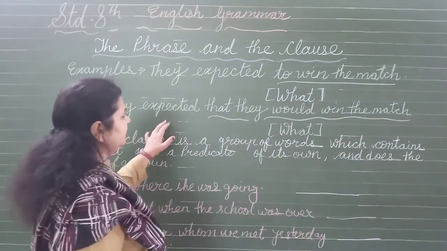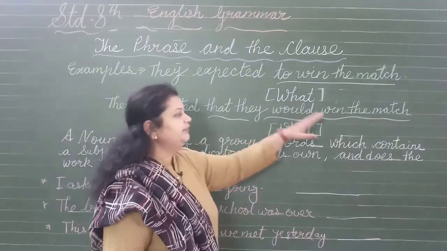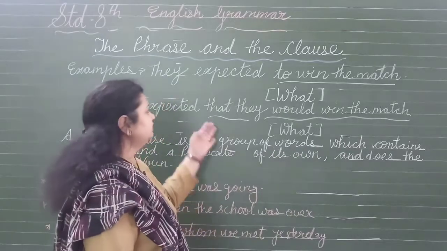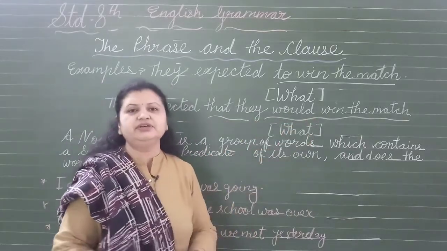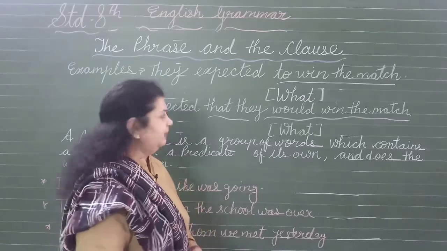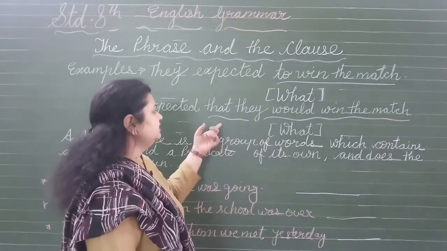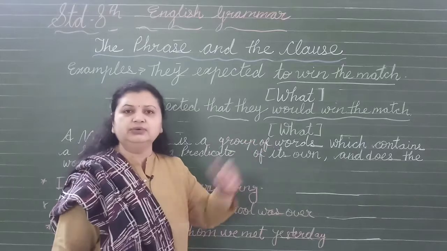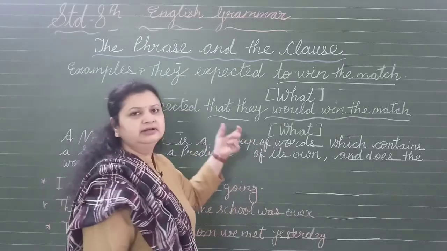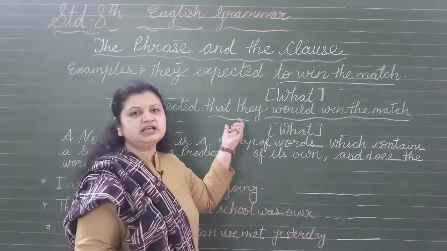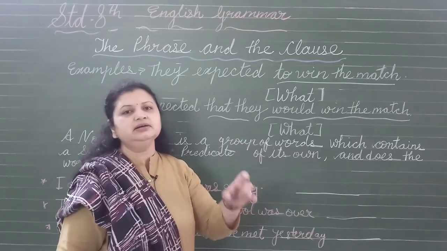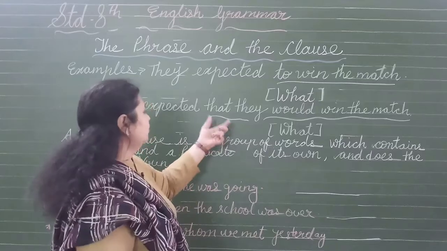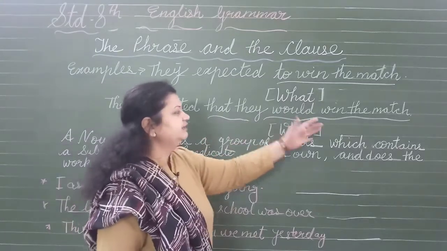They expected that they would win the match. Here, that they would win the match is a clause, which has a subject and a predicate part. And here you will see that it is also working as a noun clause, because it is the sign. When the sentence has this type of conjunction, that and so on, it is called a noun clause, that they would win the match.